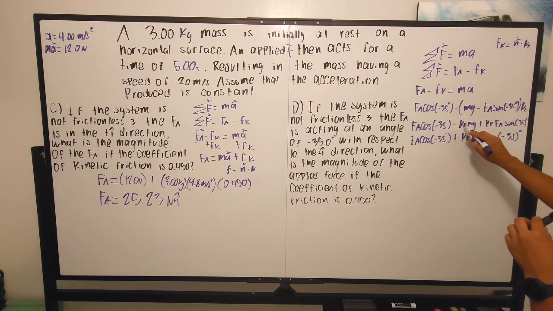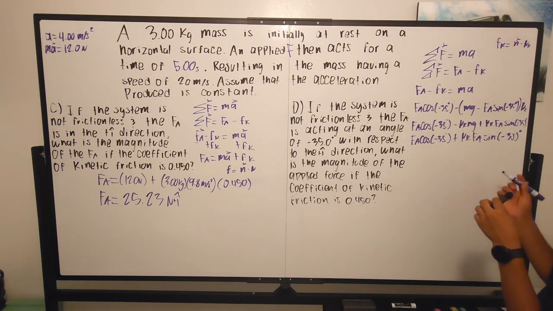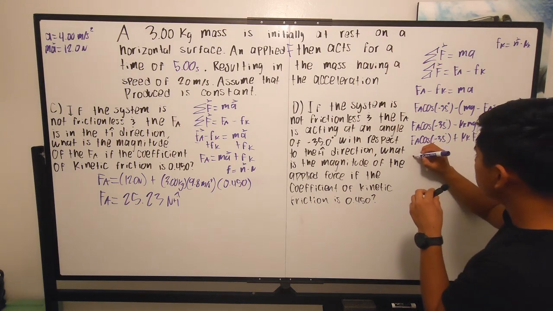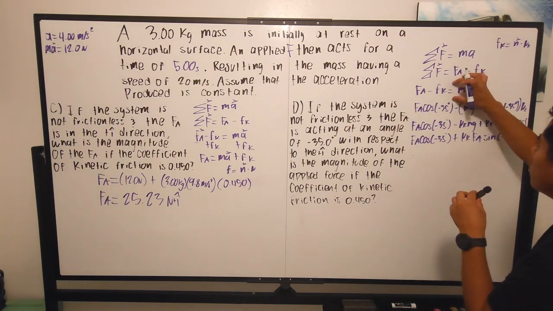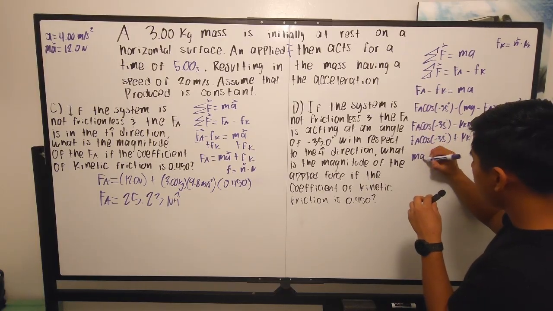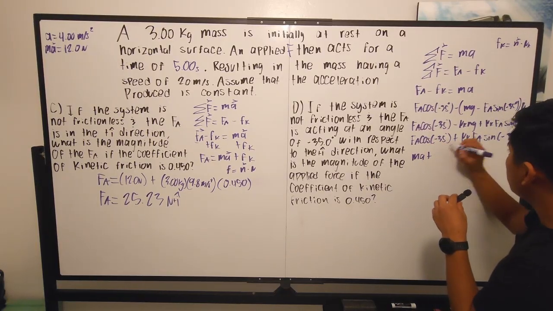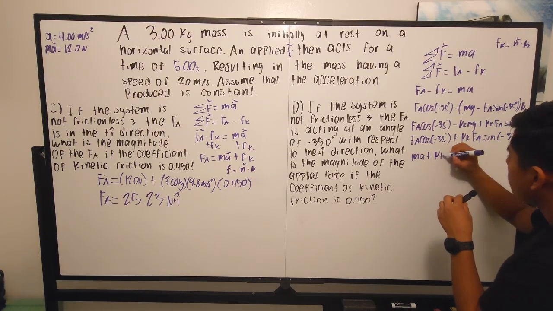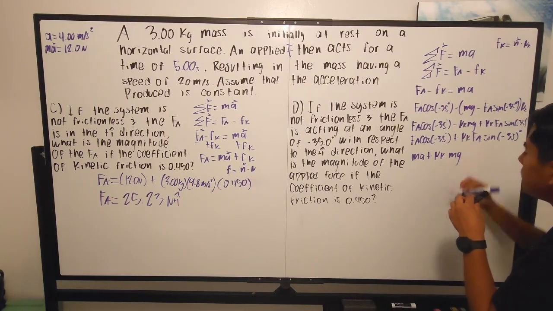And again, this one, I'm going to add it over here. So on this side of our equation, I'm going to have ma plus this one, mu k mg.